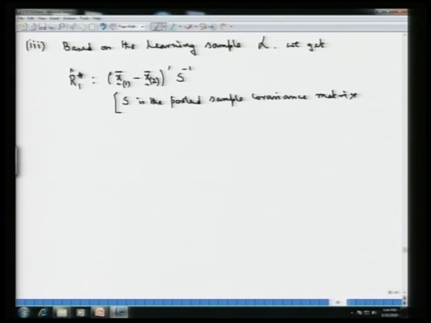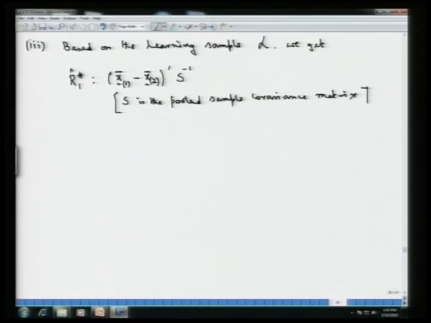Now, that is going to be given by, suppose we have got n1 observations from the first population, n2 observations from the second population, then (n1 plus n2 minus 2) S is going to be equal to (n1 minus 1) times S1, that is based on the n1 observations, plus (n2 minus 1) times S2, the S2 based on the second population samples of size n2.